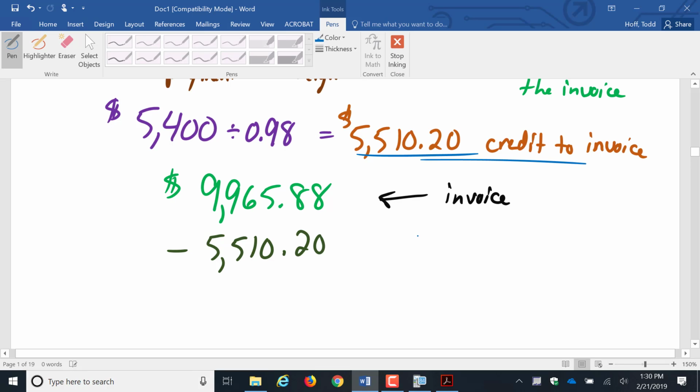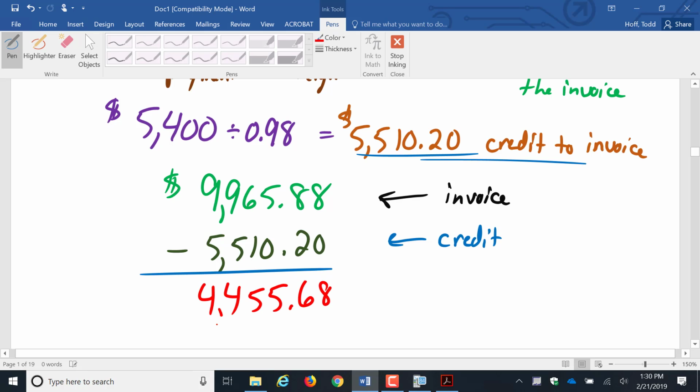That's our credit. To get $4,455.68, which is our outstanding balance.